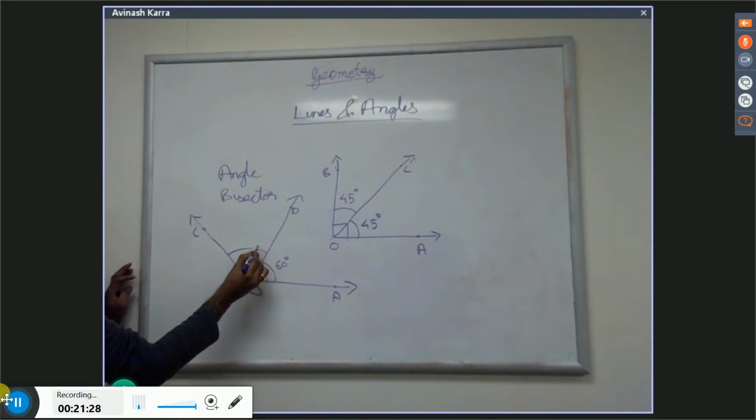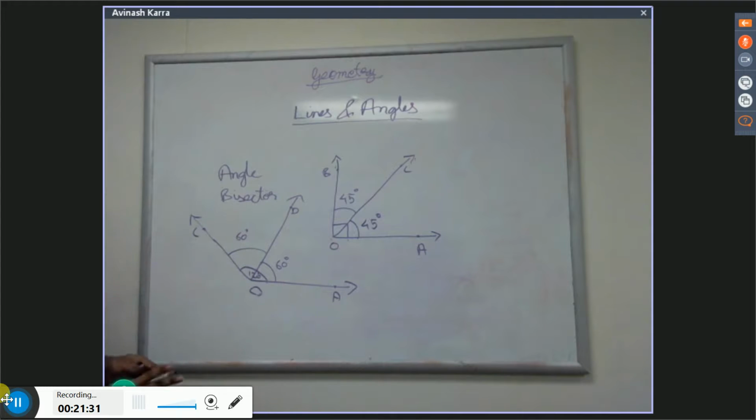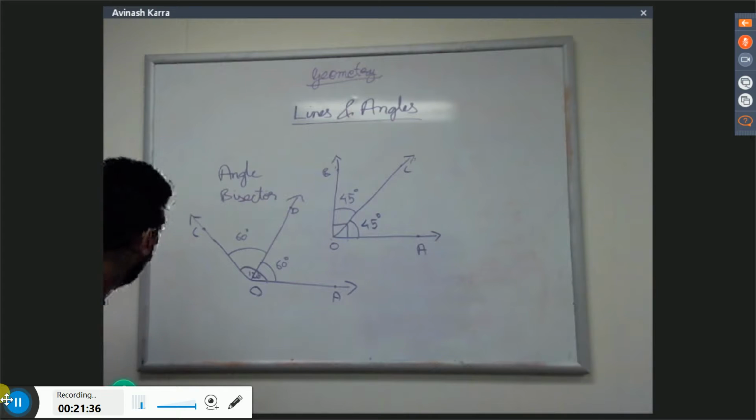So this angle will also be 60 degrees. So is the angle bisector clear? Yes. Perfect.